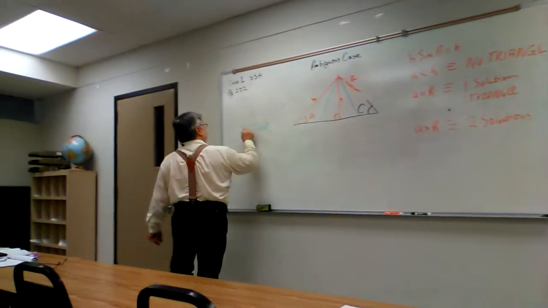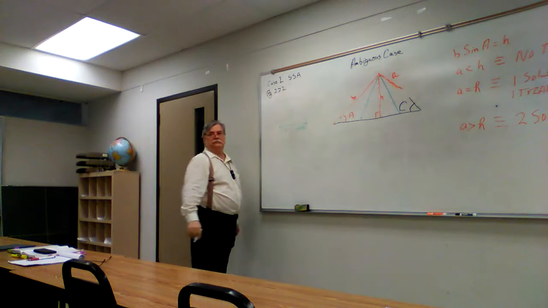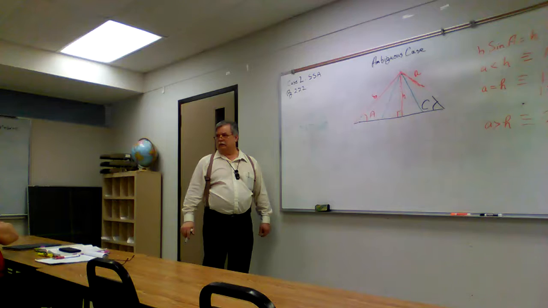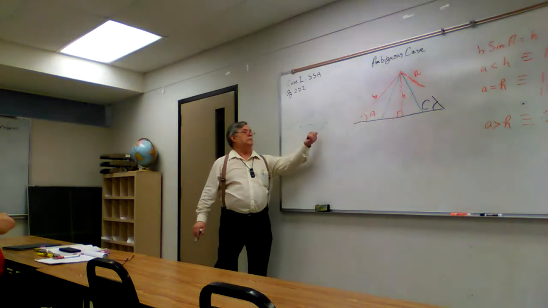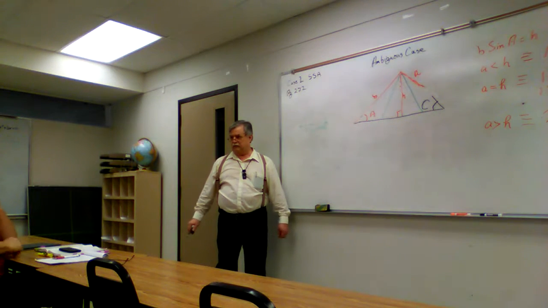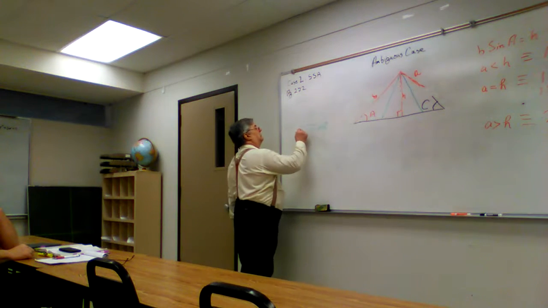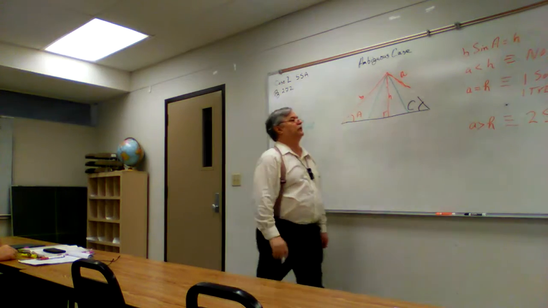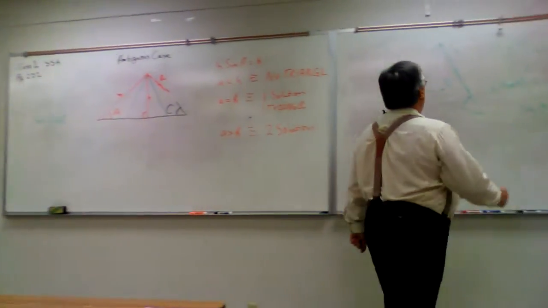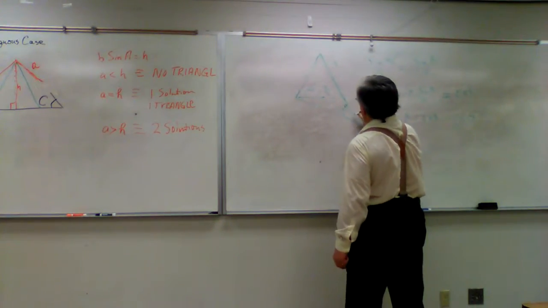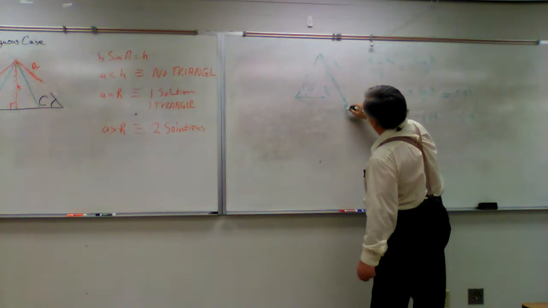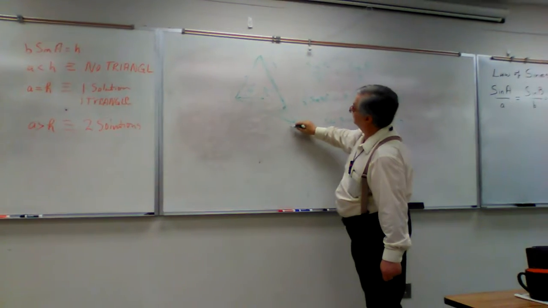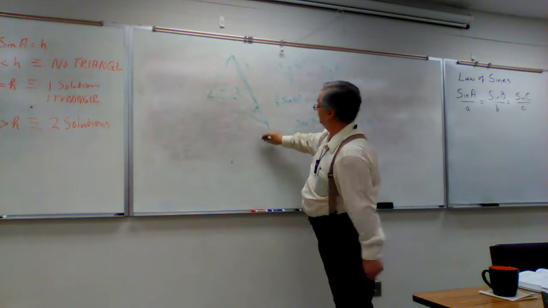What would this solution be? What's 180 degrees minus 25.37? 154.63. Well, what if we moved this from 25 all the way out here to that 150 something?